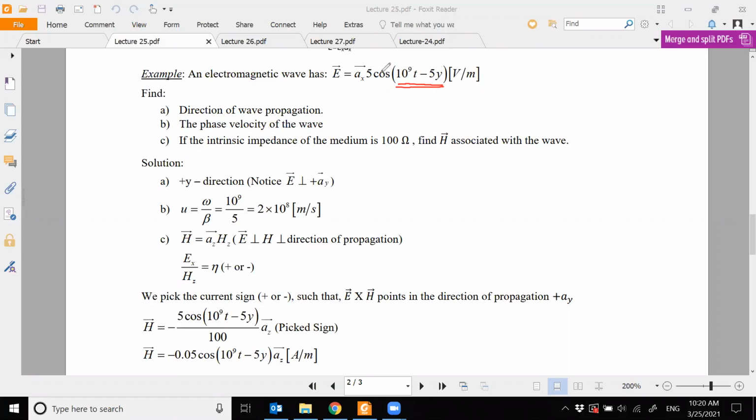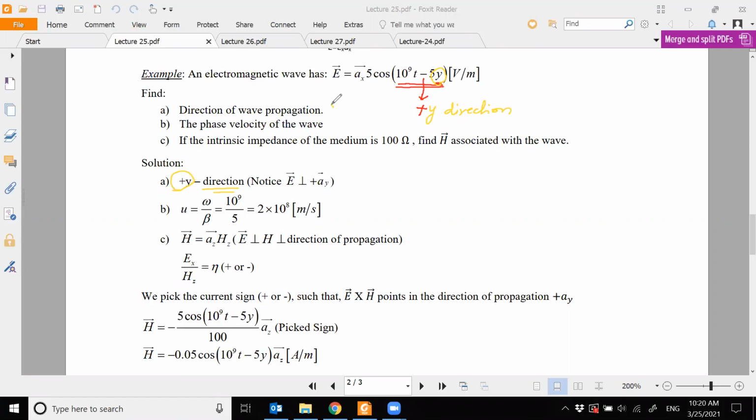Yes, it will be at the positive z. No, see here, first it is a negative sign, right? That means it is moving in the positive direction. Which direction? See the direction here. Yes, positive y. So it is a positive y direction.